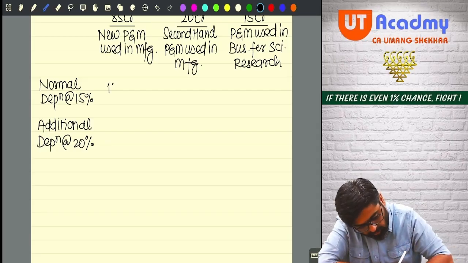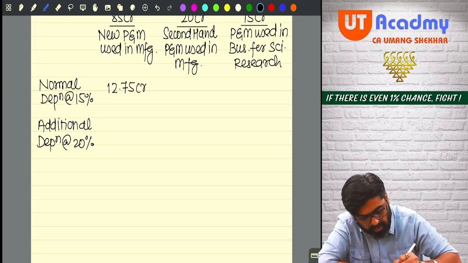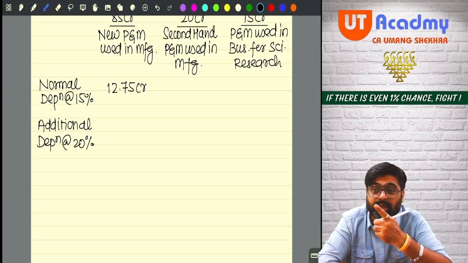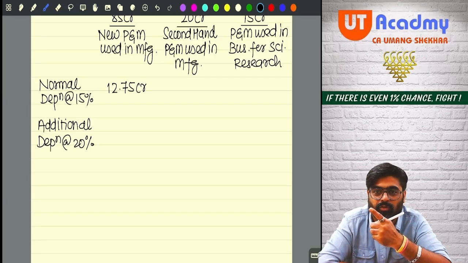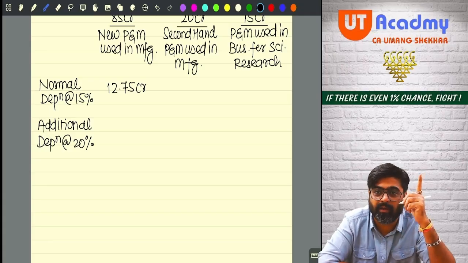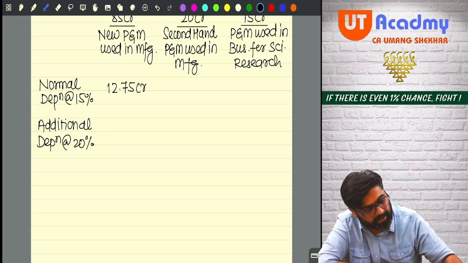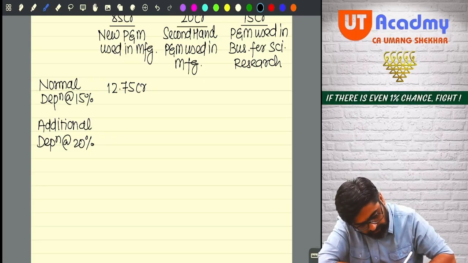Please be very careful. Don't round off. Don't make it 12.8, because the amounts are in crores, so the difference will be directly 50,000. Getting my point? So don't round off like this. Now additional depreciation, 85 into 20% will be 17 CR.